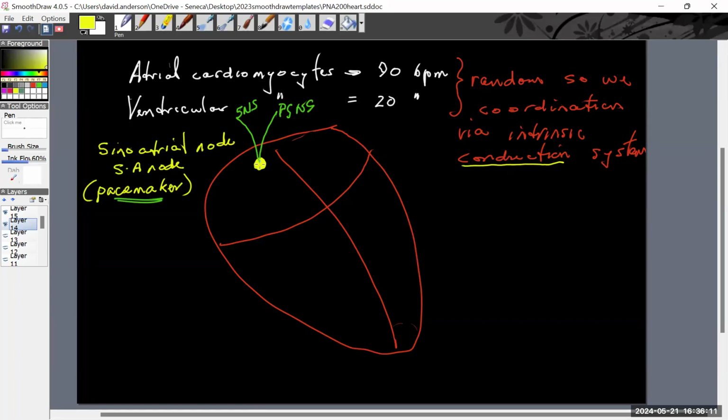Now, from the pacemaker, we're going to send out electrical conduction to the left atrium and to the right atrium. Now look where this node is located. It's located superior. Where are the valves located, relatively speaking? Below that, correct?